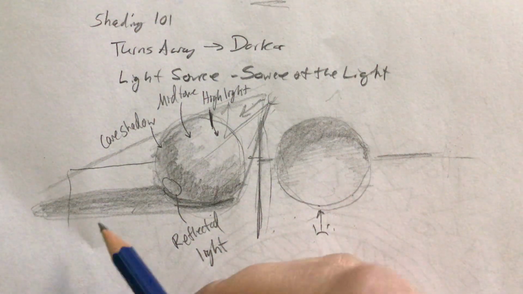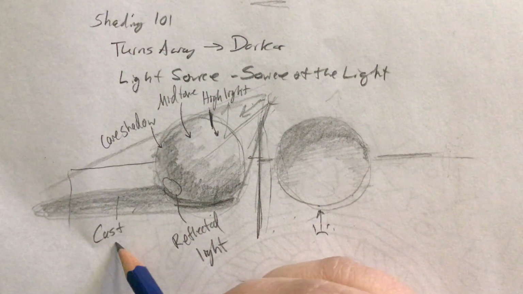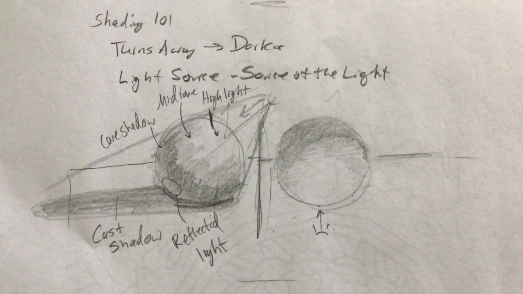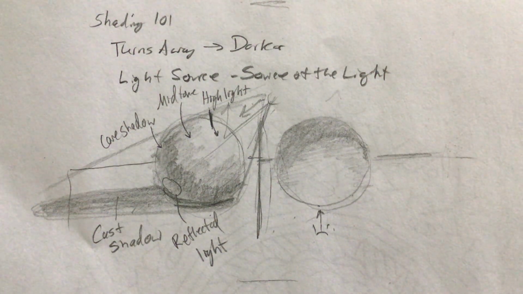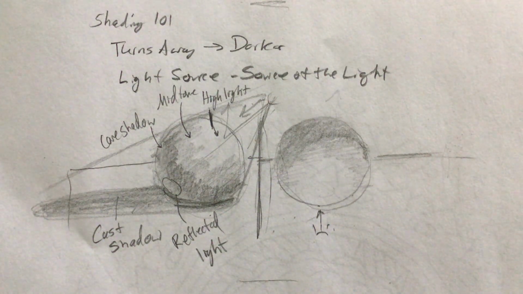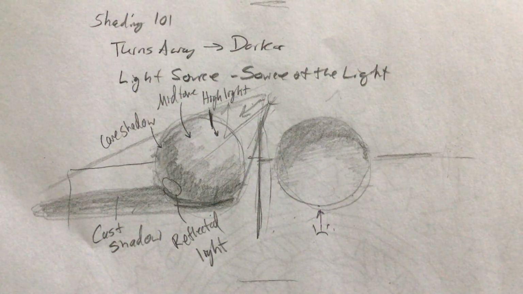The last two vocabulary are cast shadow. Does anybody know what it means to cast something, like to cast a net? Best guess. I'll take a best guess. I believe you can do it, Spencer. What does casting a net mean?